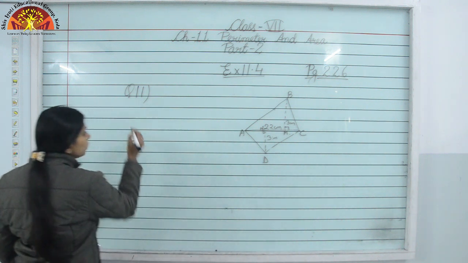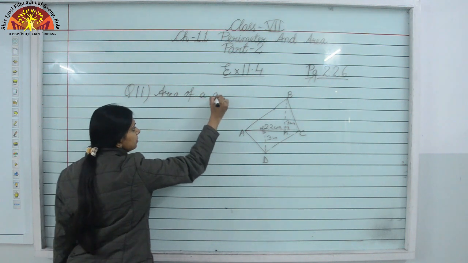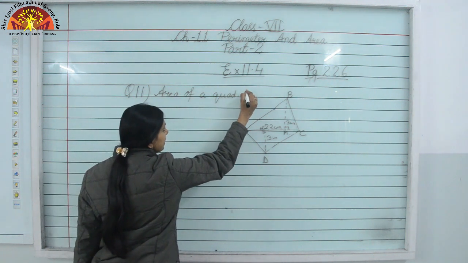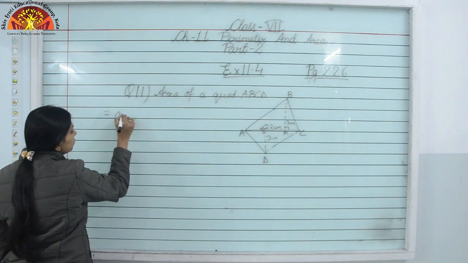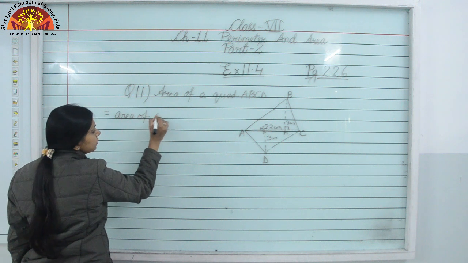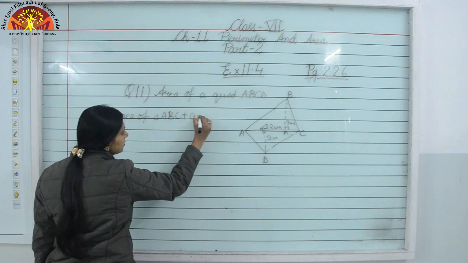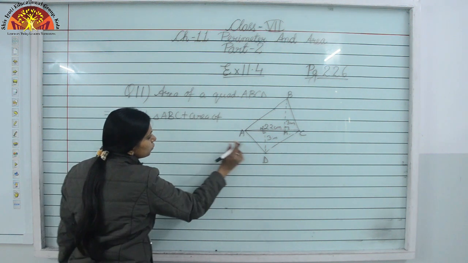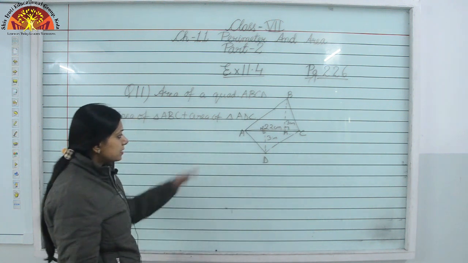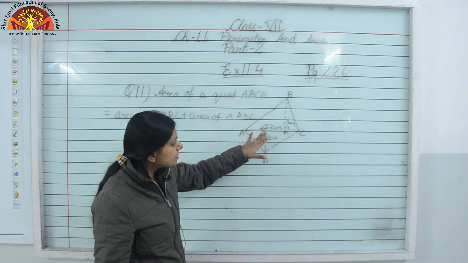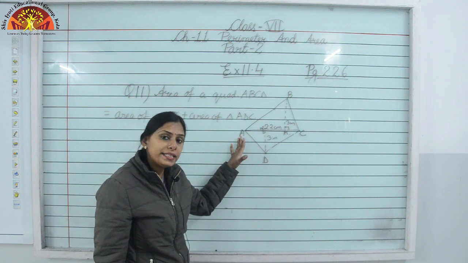So we can write over here, area of quadrilateral ABCD is equal to area of triangle ABC plus area of triangle ADC. That is, the area of the quadrilateral ABCD is the sum of the area of the triangle ABC and the area of the triangle ADC.